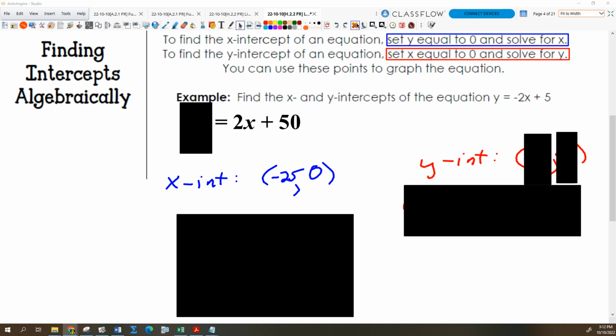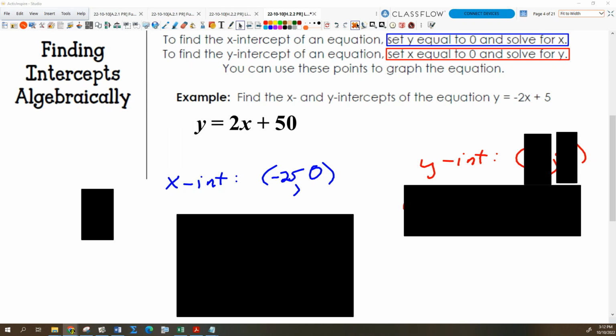Okay? To find the y-intercept, what would I do? Cover up the x term and solve for y, right? So if x is equal to 0, any number times 0 is what? Right, so that's why we can cover up that term. So I end up with y equals positive 50. Done.